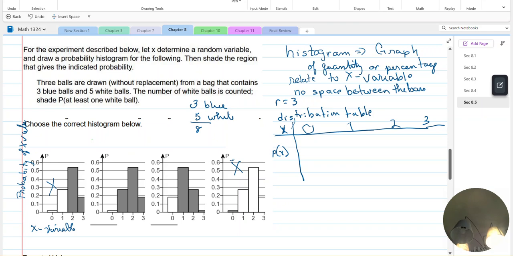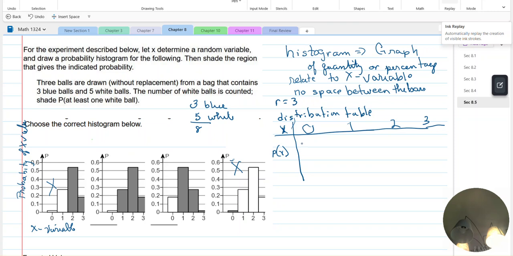So to have 0, I would have 3 choose 0 times 5 choose 3, right? Over, let me write that differently. That doesn't look clear to me.